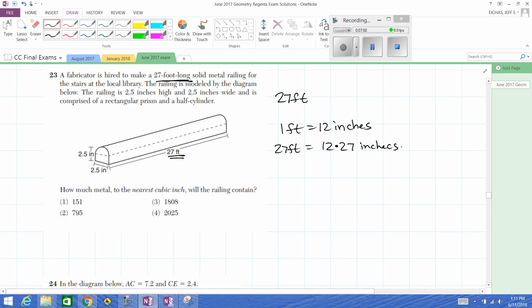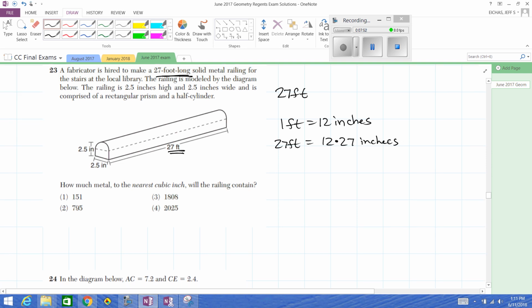That's one way you could show the work. Let's get that number real quick. Get 324. Okay, so we could replace this with 324 inches from here to here.